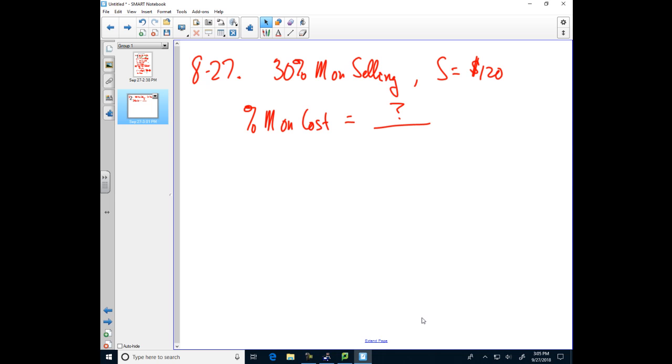Now, I don't know why they wrote it this way, because they give you something divided by something, but they don't tell you what that's equal to. Cost. Look back in the chapter. I think they actually spell it out here somewhere.